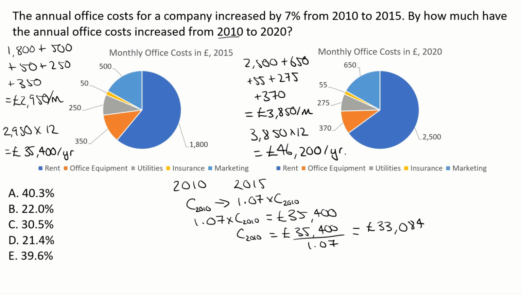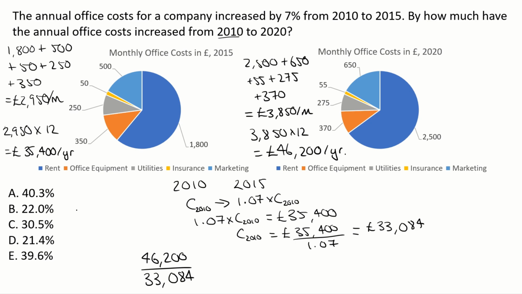So now we just want to know how much the costs have increased from 2010, which is this value here, to 2020, which is this value here. So we need to do the new value, which is 2020, so that's 46,200 divided by the previous value for 2010, which is £33,084.